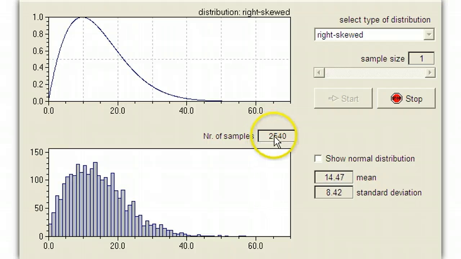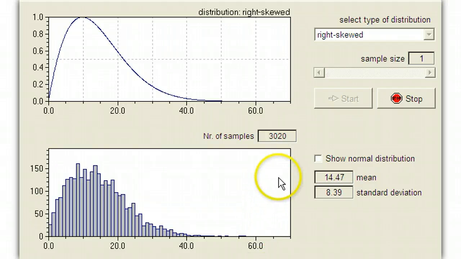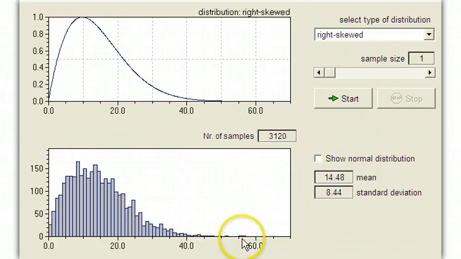As this number gets larger and larger, the distribution of the sample means down here on this axis is taking on the distribution of that population. Now, like we said before, if I've taken all these 3,120 numbers that we picked from this data set, the average of all those numbers is 14.48.